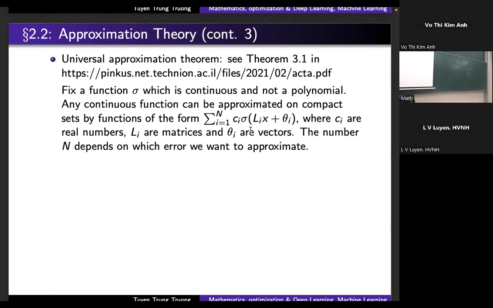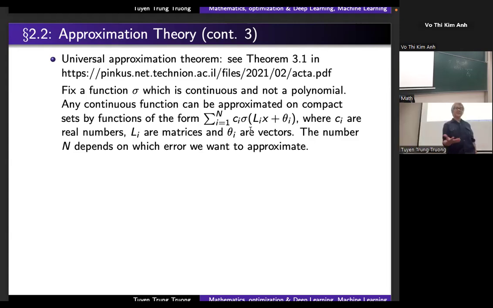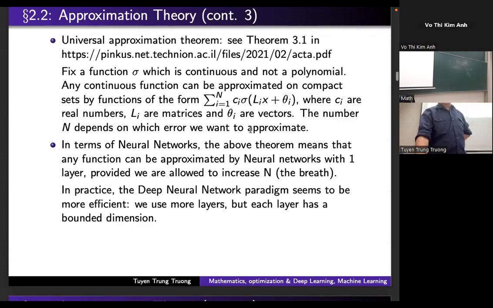So this is the theorem. I said you could use neural networks with 2 layers to approximate anything. It sounds good, but in practice it's not so good, because it depends also on the data, and the number n may be very big.